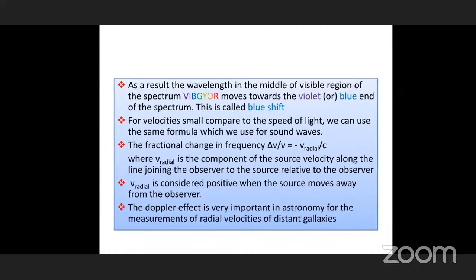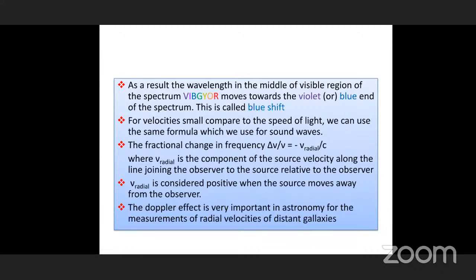Just remember this. And what is red shift and what is blue shift? According to the relative motion of the star, moving away or towards you, in these two cases you can observe red shift and blue shift. This is the short note. They may ask you many times in the examination.